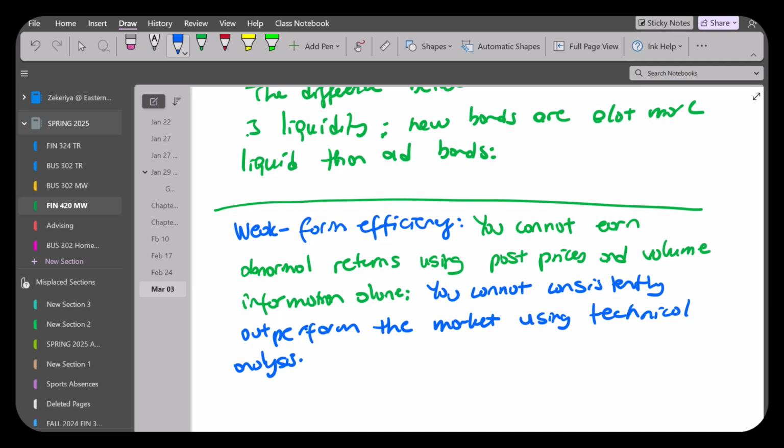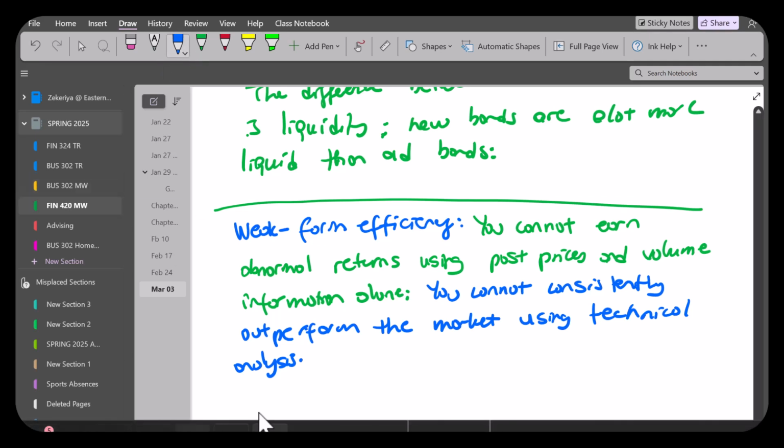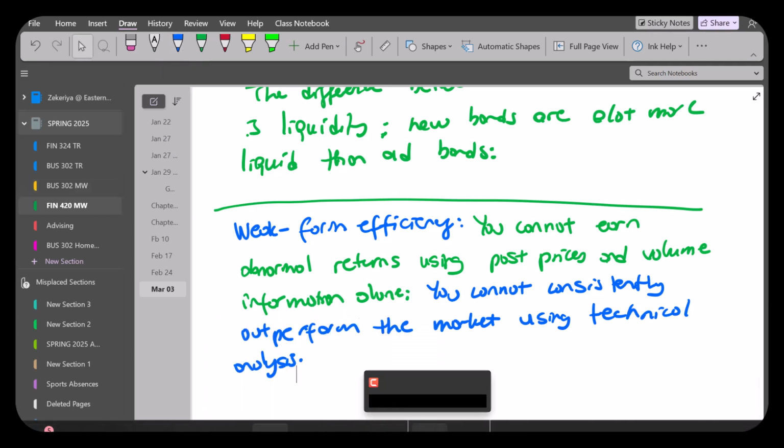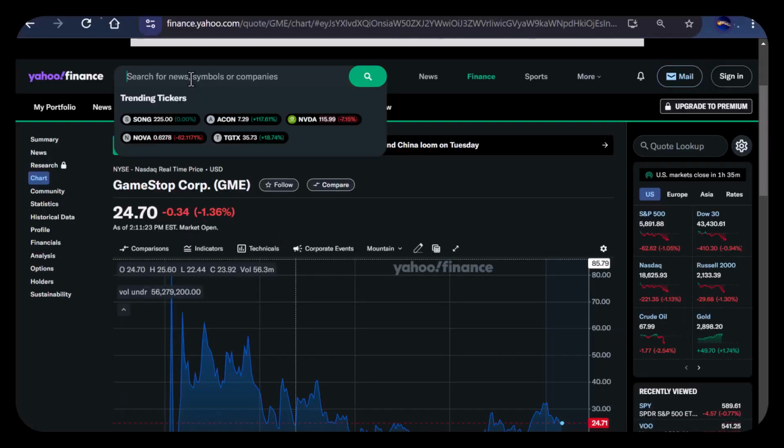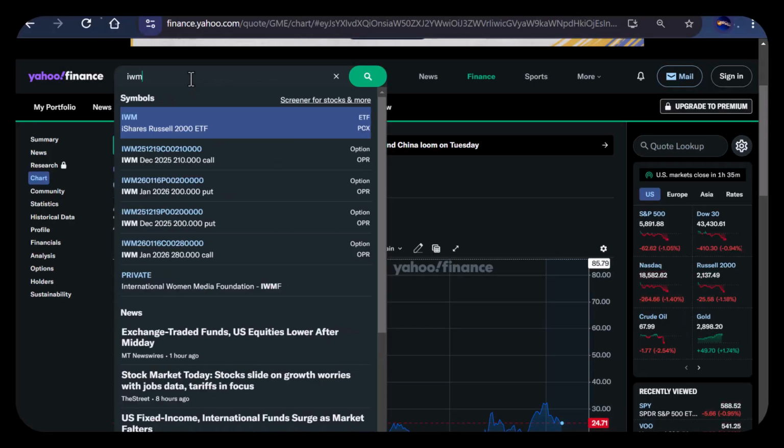Because if that was indeed the case, the amount invested in the small cap funds should be pretty high. Let's look at an example. There's a small cap ETF, I think it's IWM, if I'm not mistaken. Yeah, this is iShares Russell 2000.